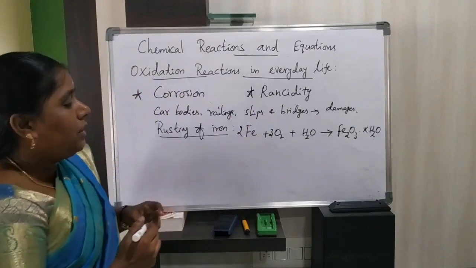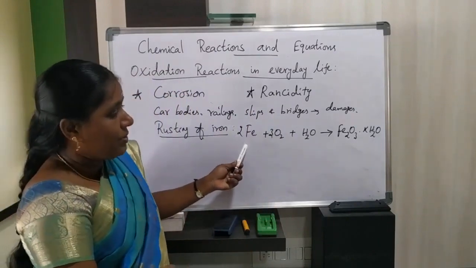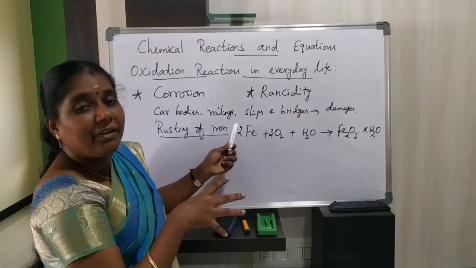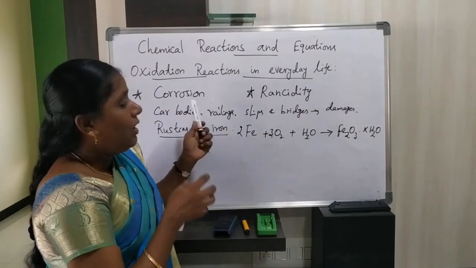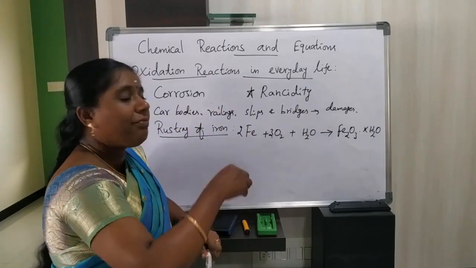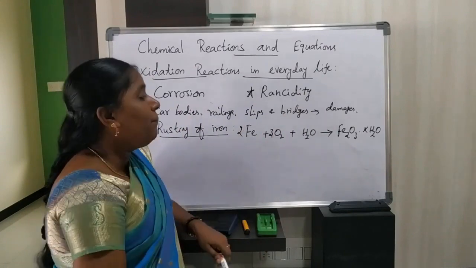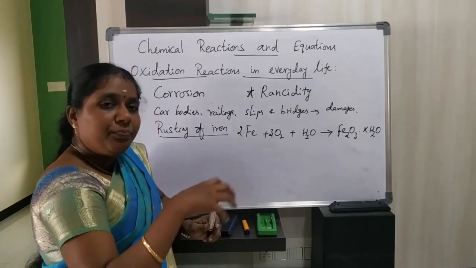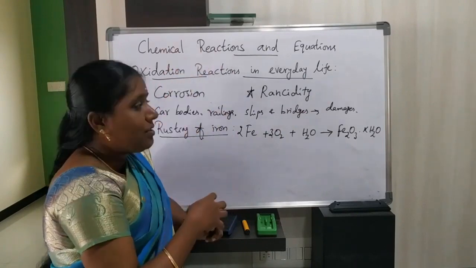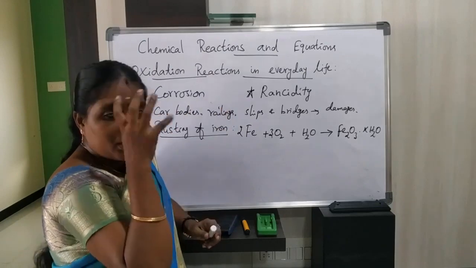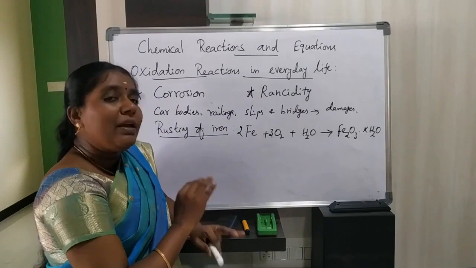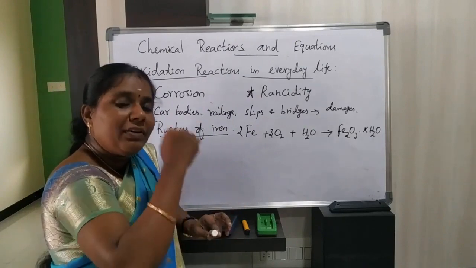Fe is iron, one element, and if any iron object is left outside, this iron reacts with the moisture present in air and the oxygen present in air, and reacts to form rust. It reacts immediately, but slowly it gets rusted.